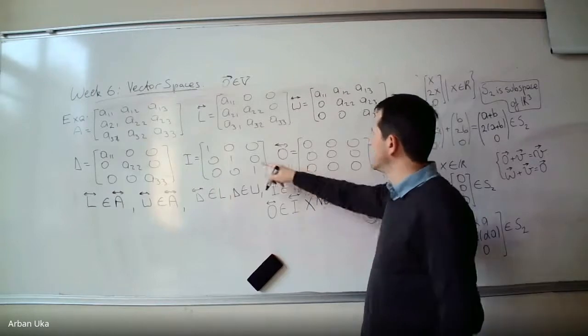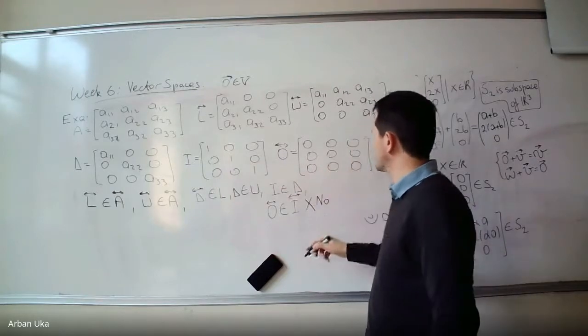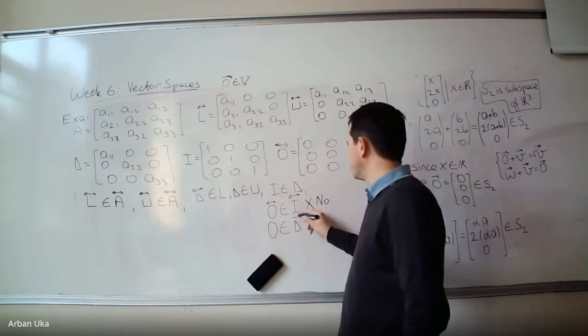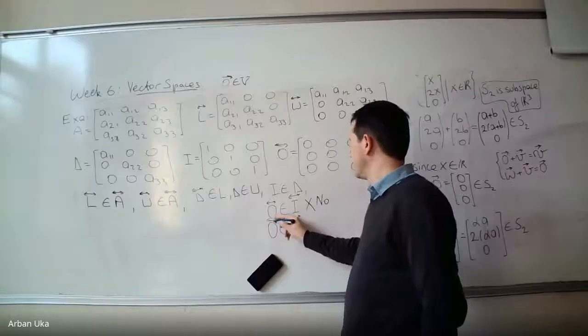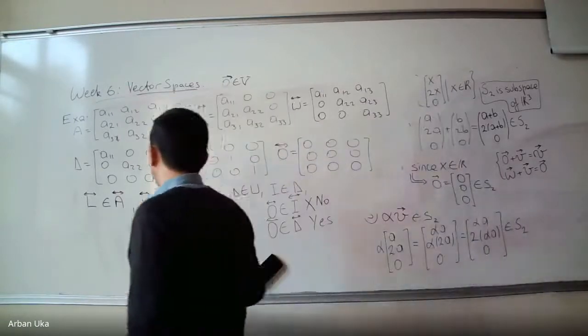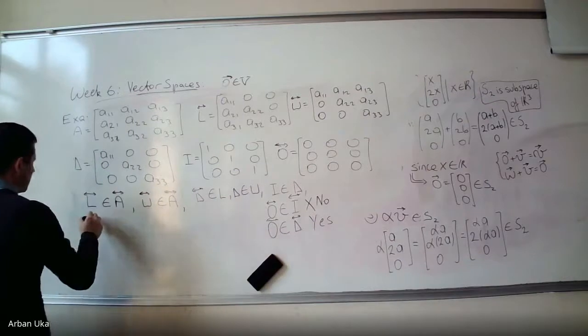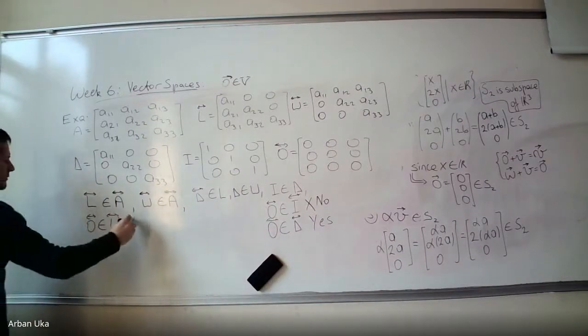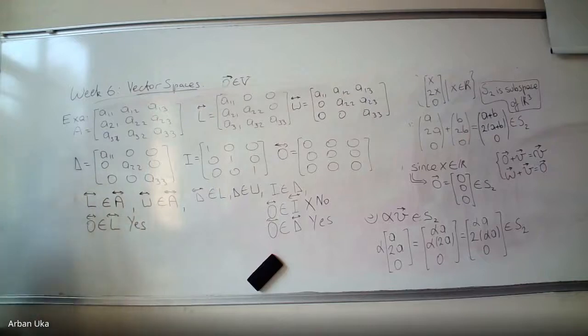Why? Because the identity matrix wants ones here, but this wants zeros. But is the zero matrix a subset of diagonal matrices? Yes, that's true. Is the zero matrix a subset of L? Yes, we can answer this as a possible yes.